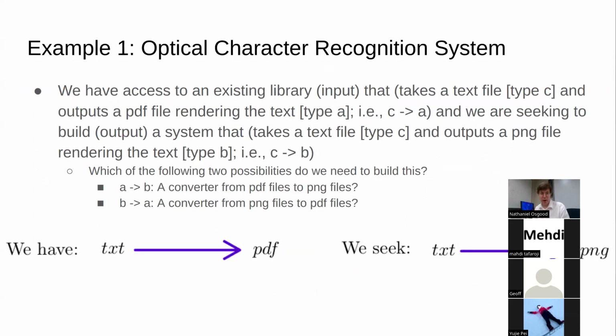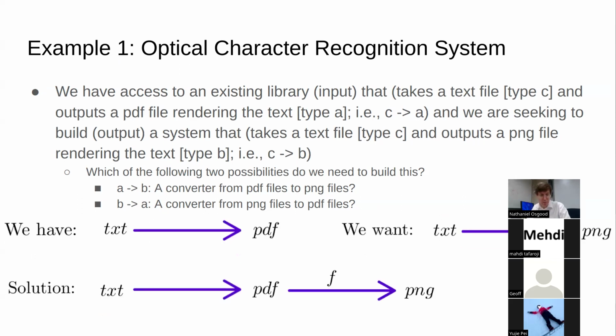Or consider it this way. We have access to a programming library that takes a text file and outputs a PDF. And we want to build a system that takes that same text file, type C, and outputs a PNG rendering the text. Just like this.